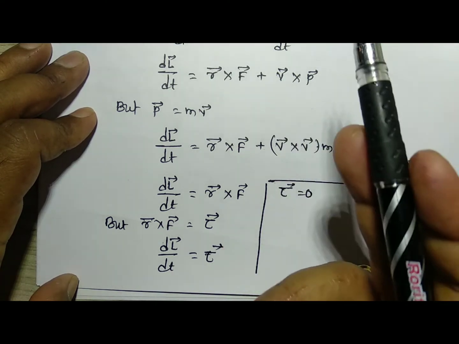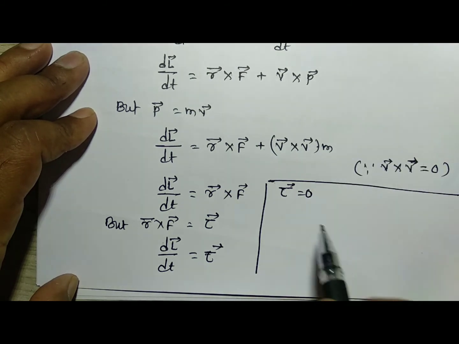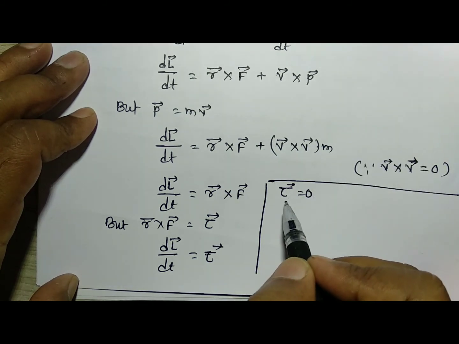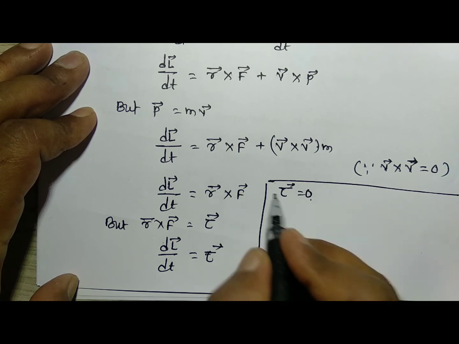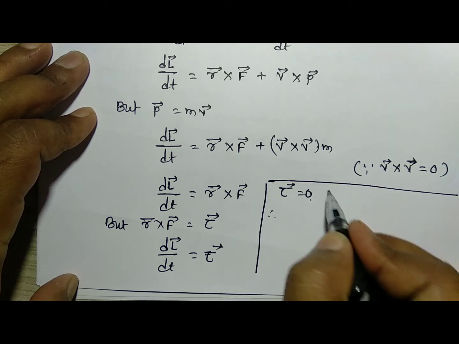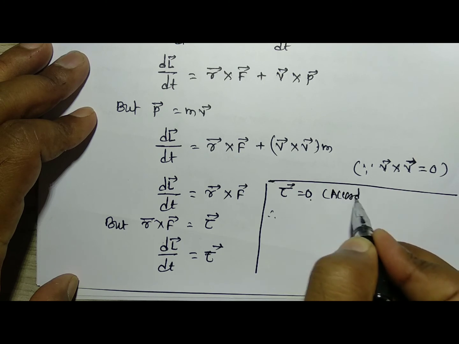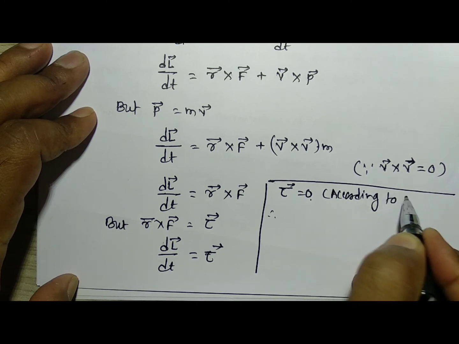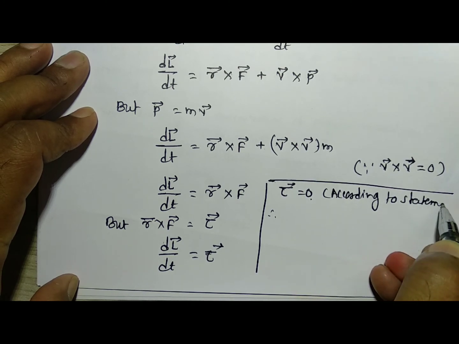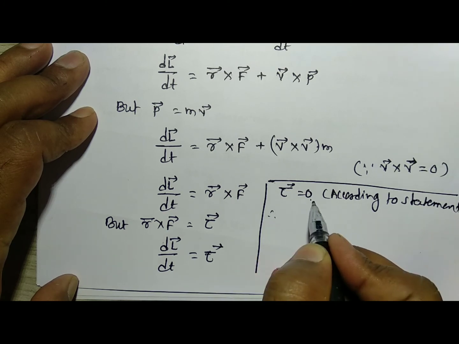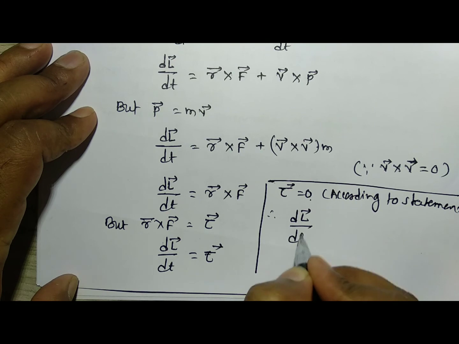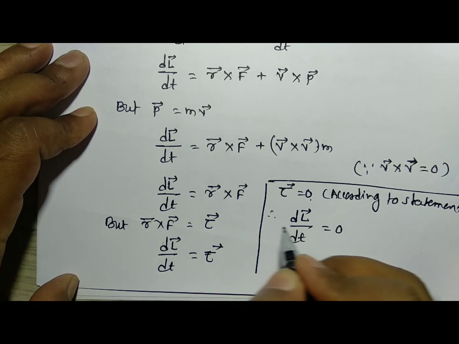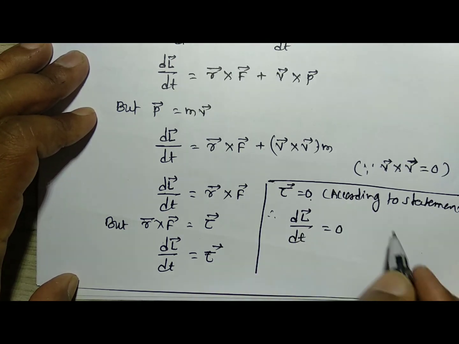It means the absence of external unbalanced torque, so tau bar is equal to 0, and therefore dL bar divided by dt is equal to 0.